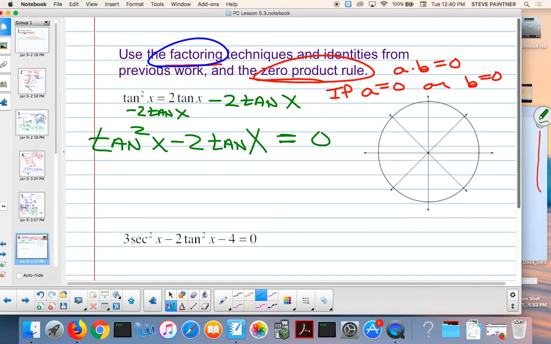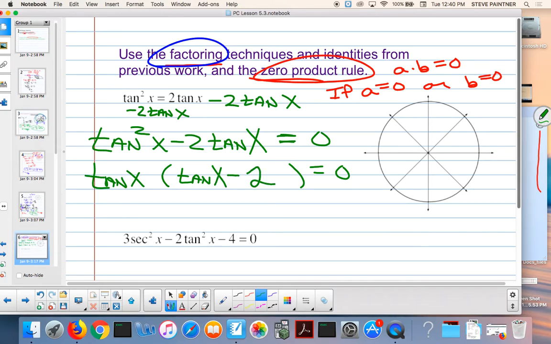Okay, moved it over. Now what? Take out the GCF. They share tangent. Take out tangent. Once you do that, what's left? Tangent minus 2. Gotcha. Tangent of x minus 2.